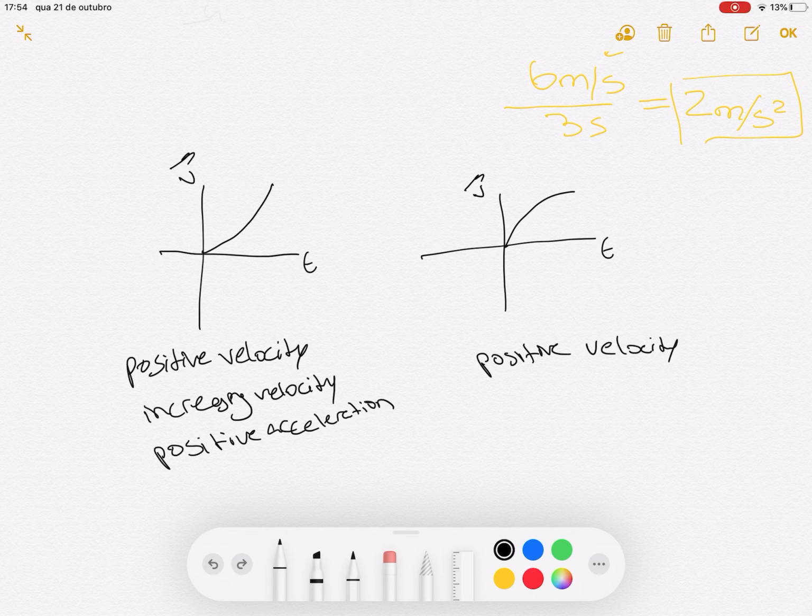The velocity is decreasing because as time passes, it might look like it's increasing, but then the slope becomes flatter and the velocity remains the same.